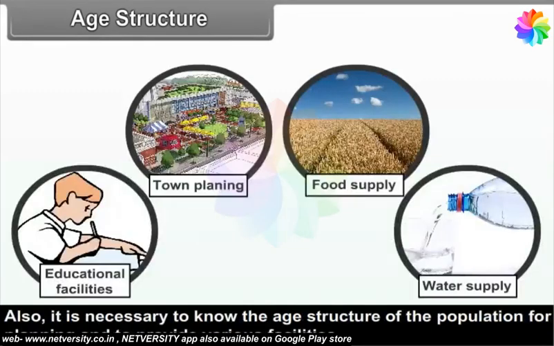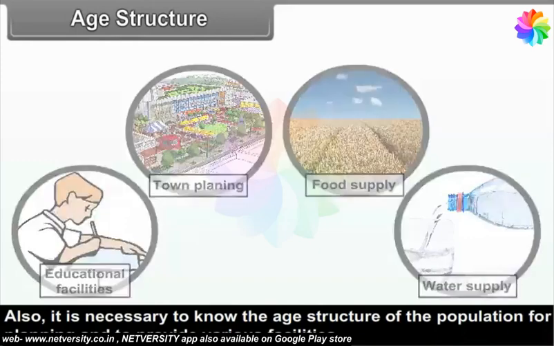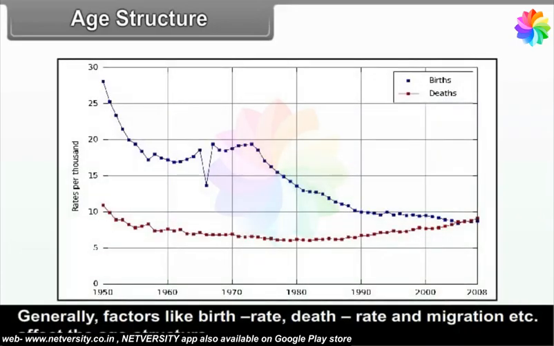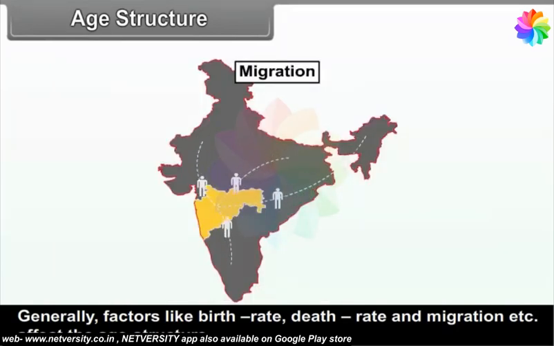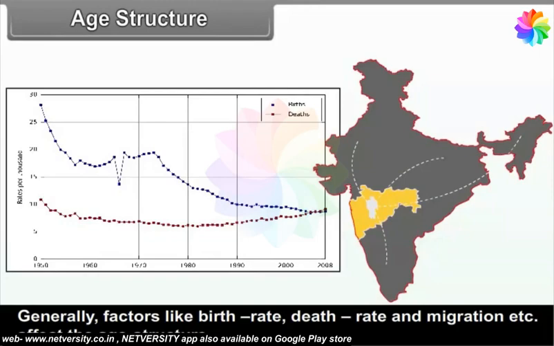Also, it is necessary to know the age structure of the population for planning and to provide various facilities. Generally, factors like birth rate, death rate, and migration, etc. affect the age structure.